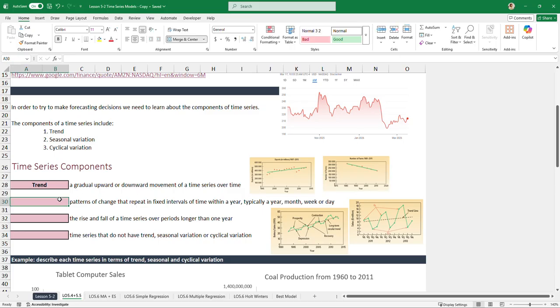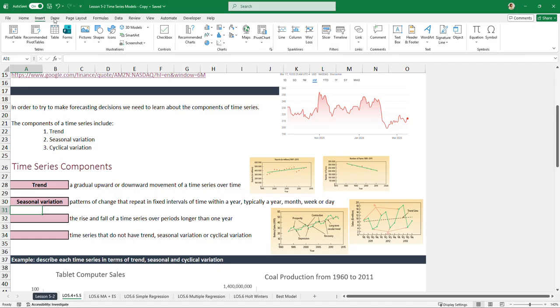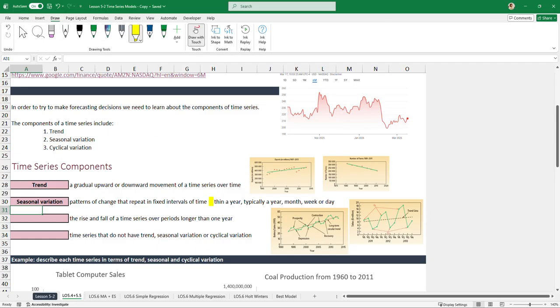Another type of component is a seasonal component, or what we call seasonal variation. These are patterns of change that must be within a year. Saying within a year is extremely important because we will look at patterns in periods longer than a year as well, but seasonal specifically has to be within a year.